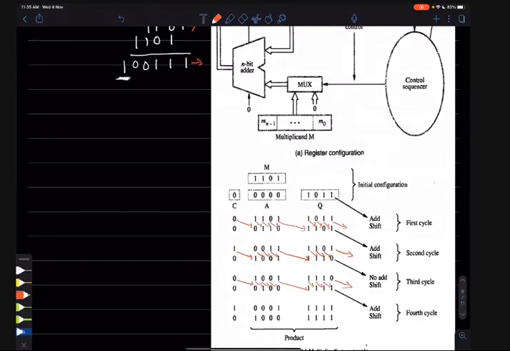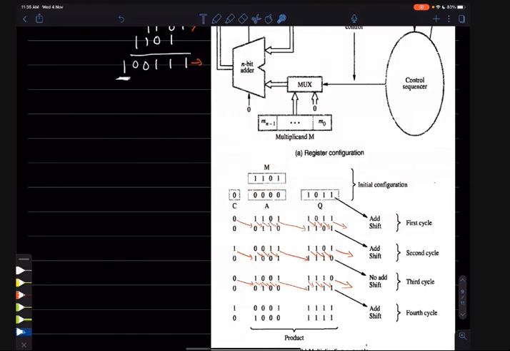So next, Q0 bit is what? 1. So obviously 1 means we have to do some addition operation. Addition operation means the multiplicand will be added with the A register.